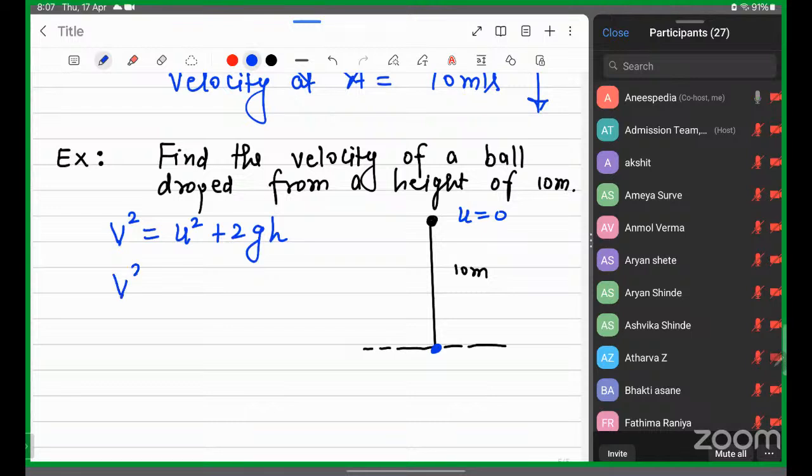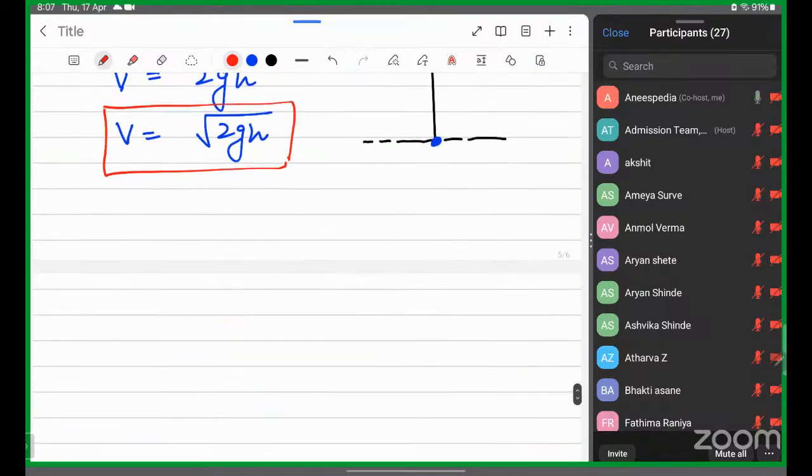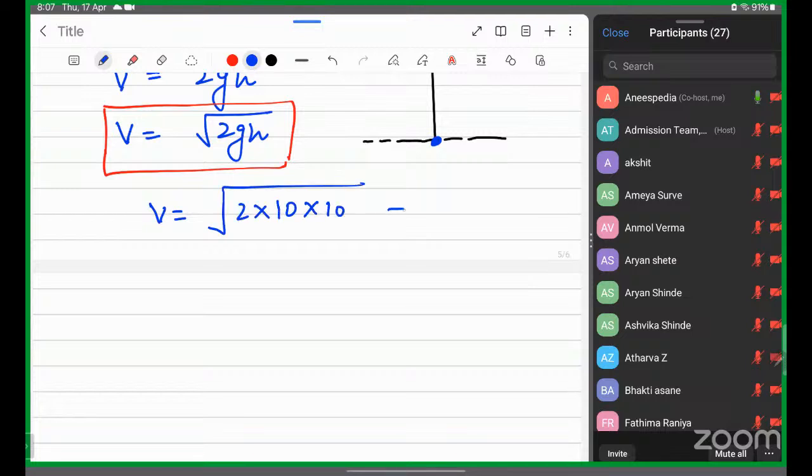So v square equals 2gh in that case, and final velocity will be the square root of 2gh. This can be remembered as a formula. So the answer will be square root of 2 into g is 10, h is also 10. This will be 10 root 2 meter per second.